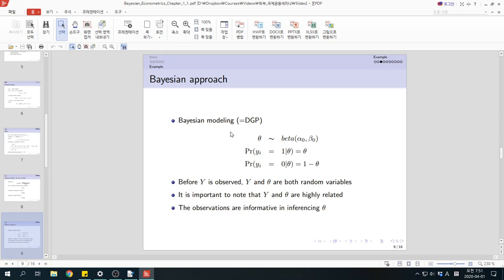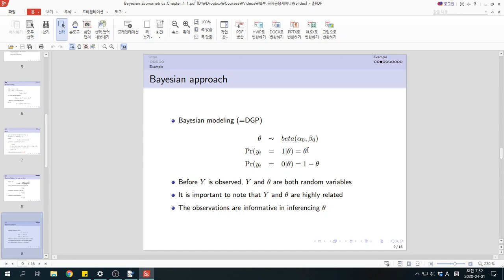Let's interpret the model in terms of the Bayesian approach. We should explain how yi is generated, how heads or tails is generated randomly. For yi to be generated, theta should be given a priori.